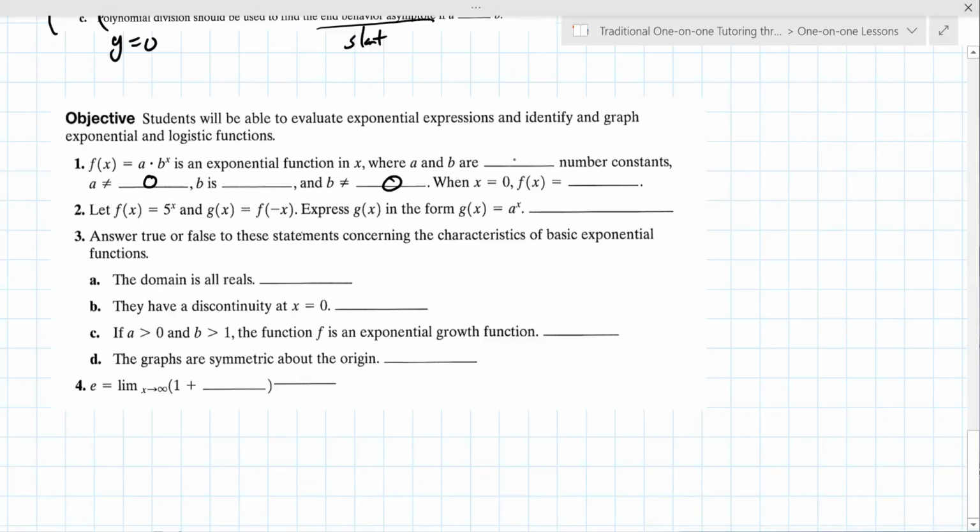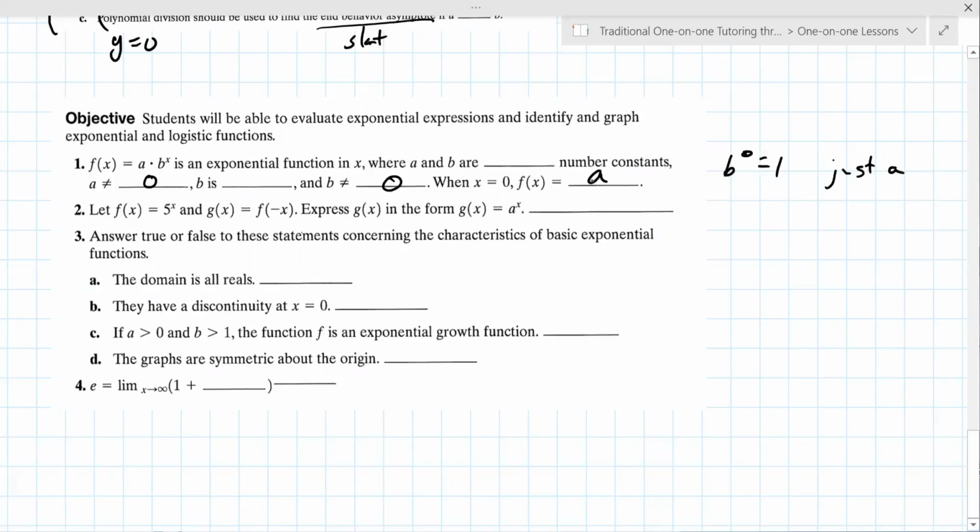I don't have any idea what you can put there. I can ask my teacher. But what this is saying is when x is 0, anything to the 0 power is 1, b to the 0 equals 1. So that's why it's just A.